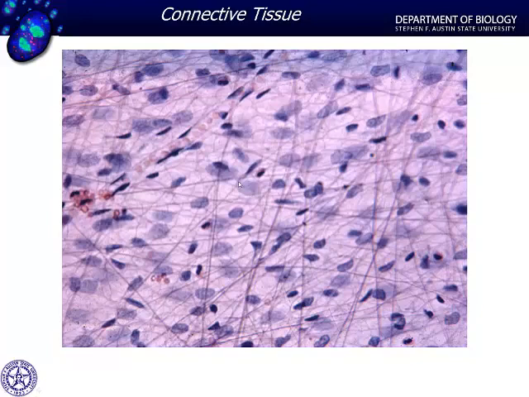Once we find our lymphocytes, they're going to have nice round-shaped nuclei, fairly dark nuclei like we see here. Some of these red cells that you see, that red staining cytoplasm, that is not unlike what we're going to see with our eosinophils as part of our allergic response.